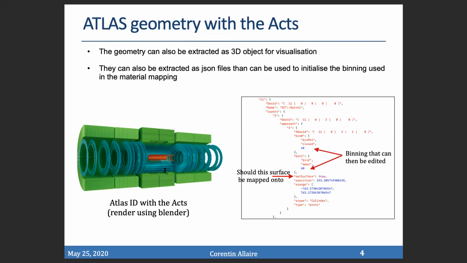For example, to change what kind of binning you would use in the material mapping, or which kind of surfaces you want to map your material onto. Here you have different variables that are pointed with arrows, and those are the kind of variables that you could edit directly in the JSON file. So if you go to the next slide, I show the material mapping.